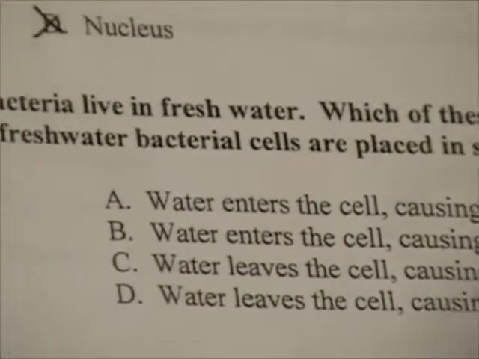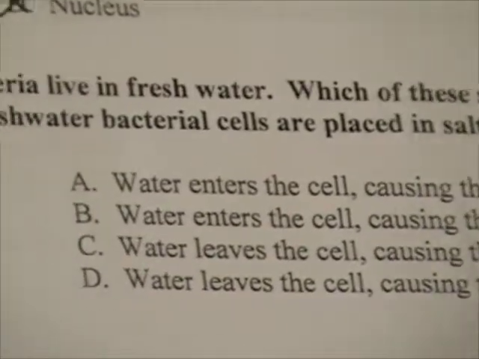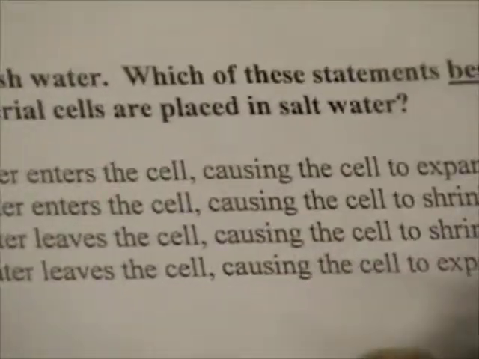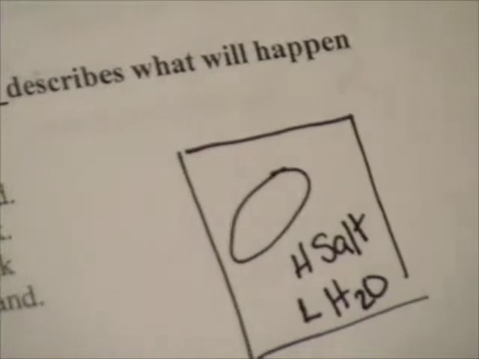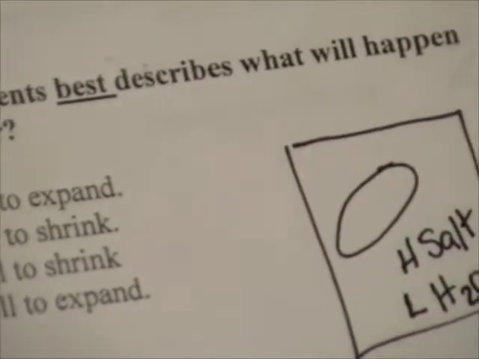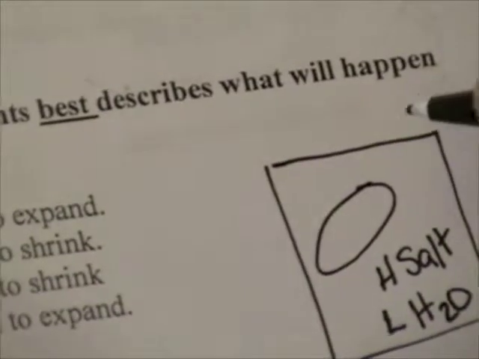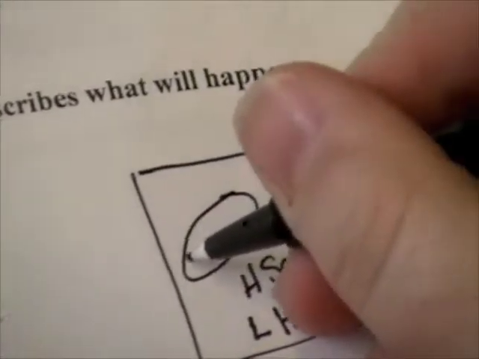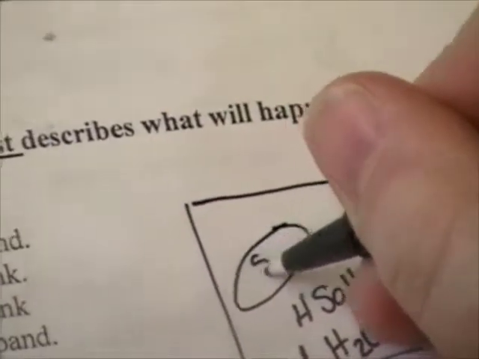So I have a cell in a container, and salt water is going to have a high concentration of salt and a lower concentration of water. And a cell is going to have salt in it and water. But I don't remember what the concentrations are.